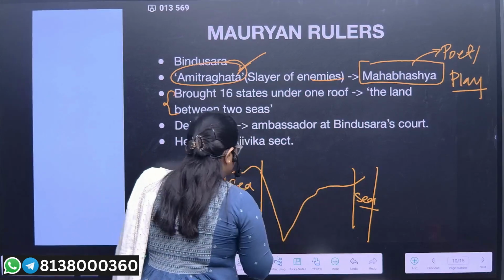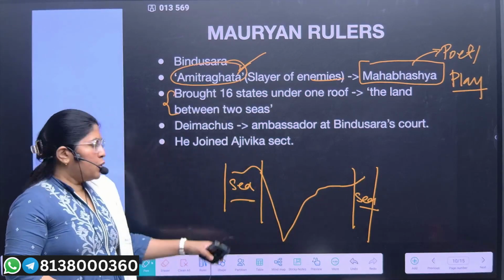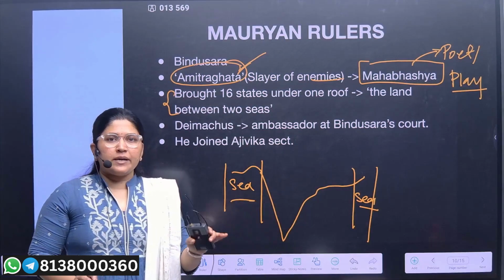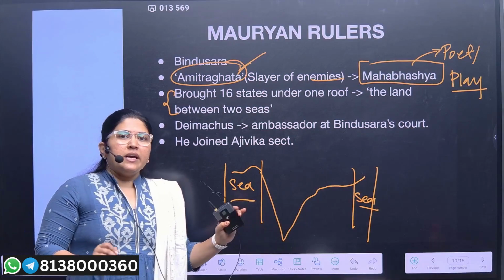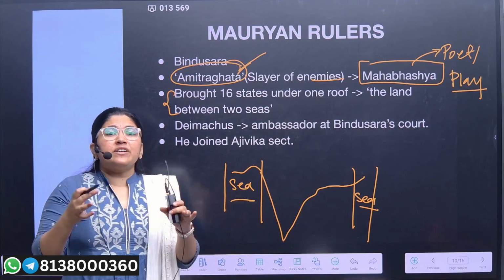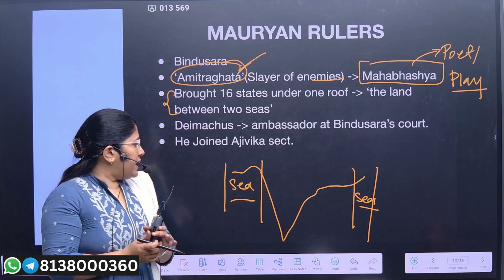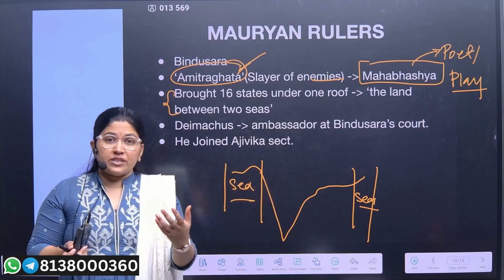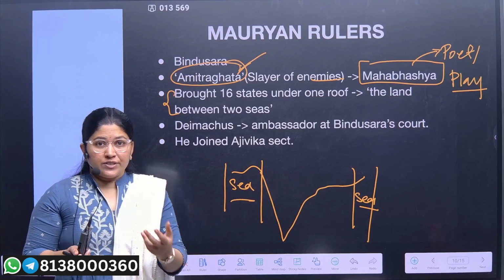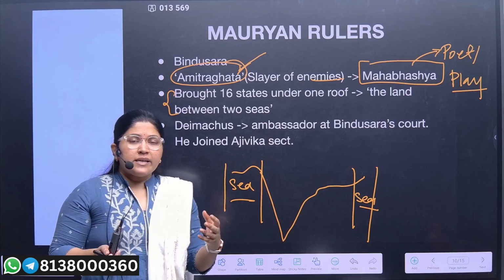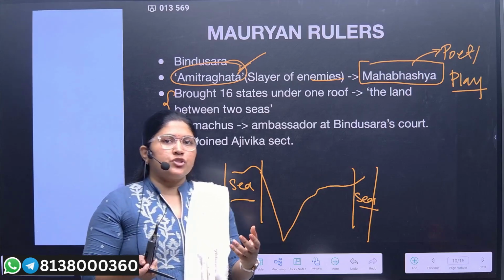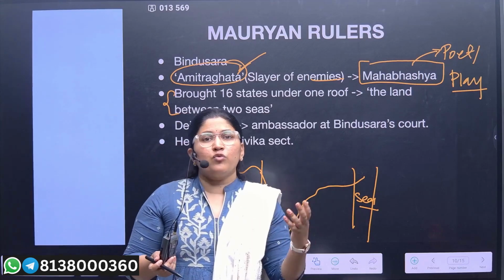In many of the texts it is said so. Here it is denoted as if it is a complete island where the economy has been flourishing, the administration is quite strong, the rulers are stronger, and there is development of art and culture at a very good pace over this time.